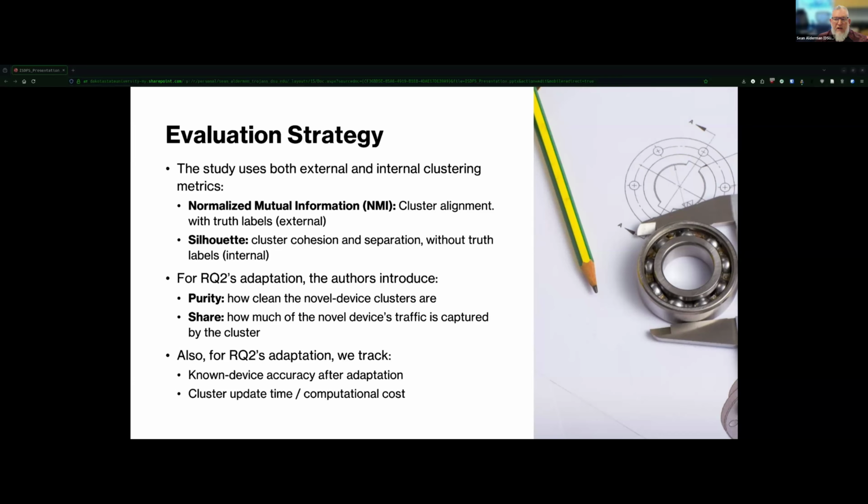For the incremental adaptation efforts in research question 2, we introduced 2 new metrics specific to the novel devices: purity, how clean the new device clusters are, and share, how much of the novel device's traffic is captured by the cluster. We also track known device accuracy after each update and the raw computational cost in update time.